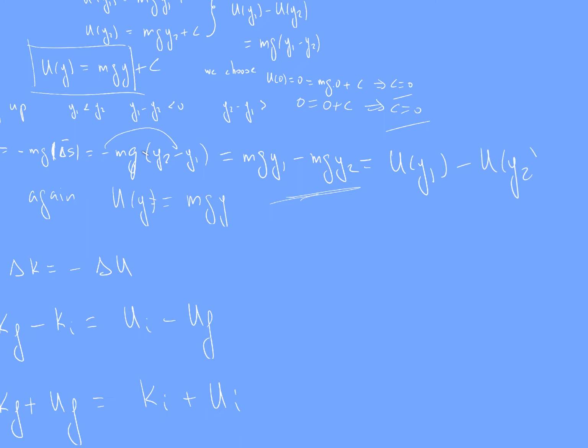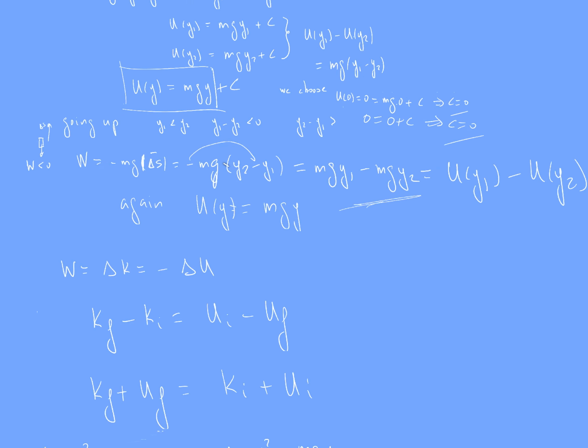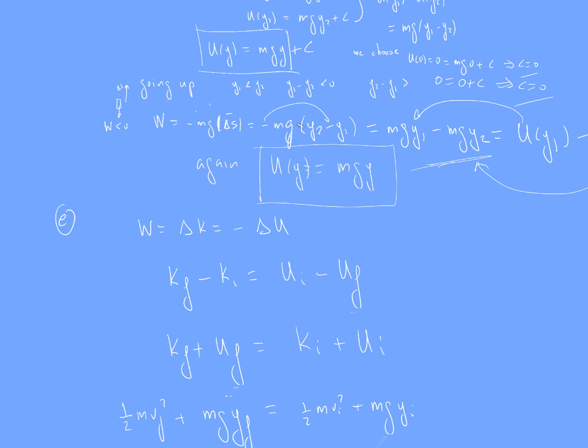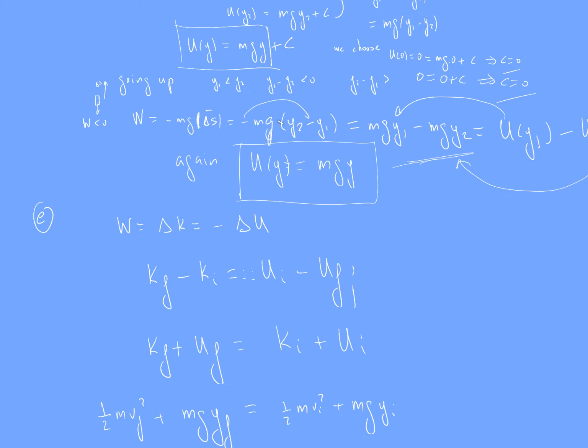It's not U of y2 minus U of y1, because the work is minus the change. So this, again, is the same thing. U of y1 is mgy1, U of y2 is this, so U of y is mgy. So going up or going down, the calculation will be the same and will produce the same result.